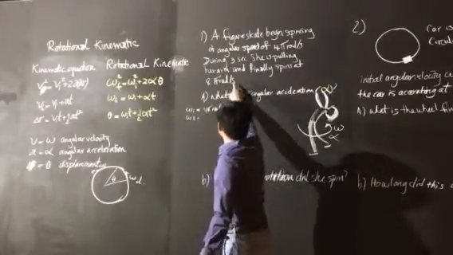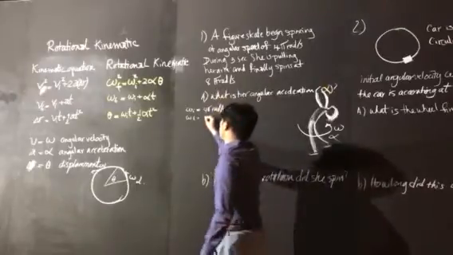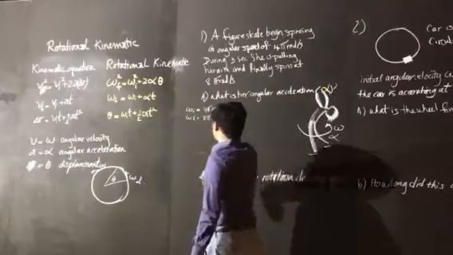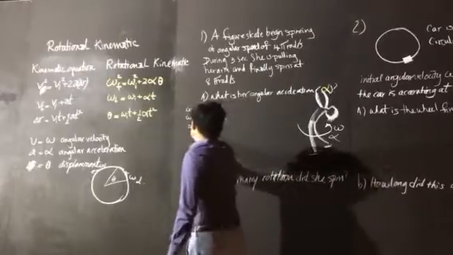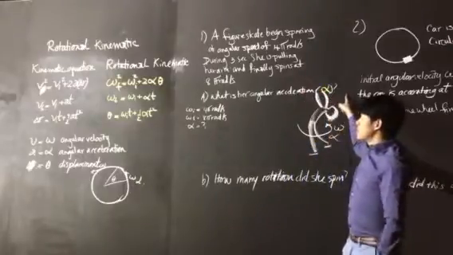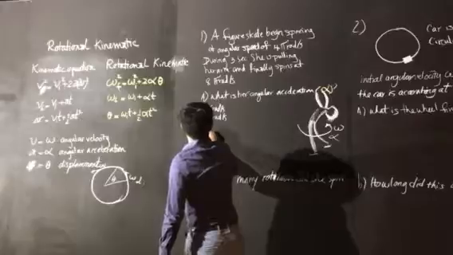At the end of that spin, she gains speed, twice that, 8 pi radians per second. We need to look for the angular acceleration. Do we know the time? Yes, it's 3 seconds.